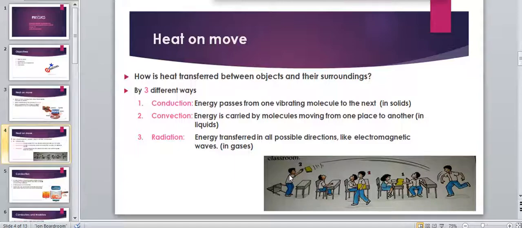The third way of transferring heat is known as radiation, whereby heat in the form of electromagnetic waves is emitted in all directions, for example at the speed of light.